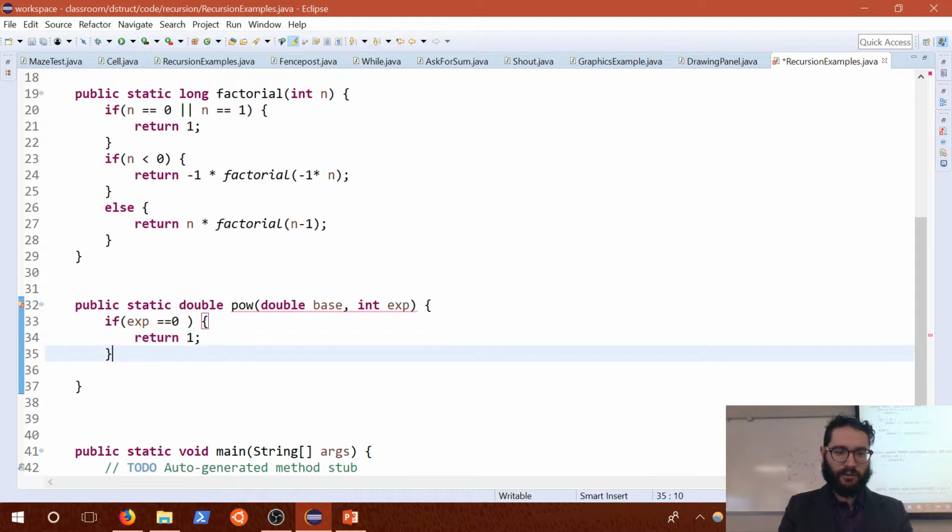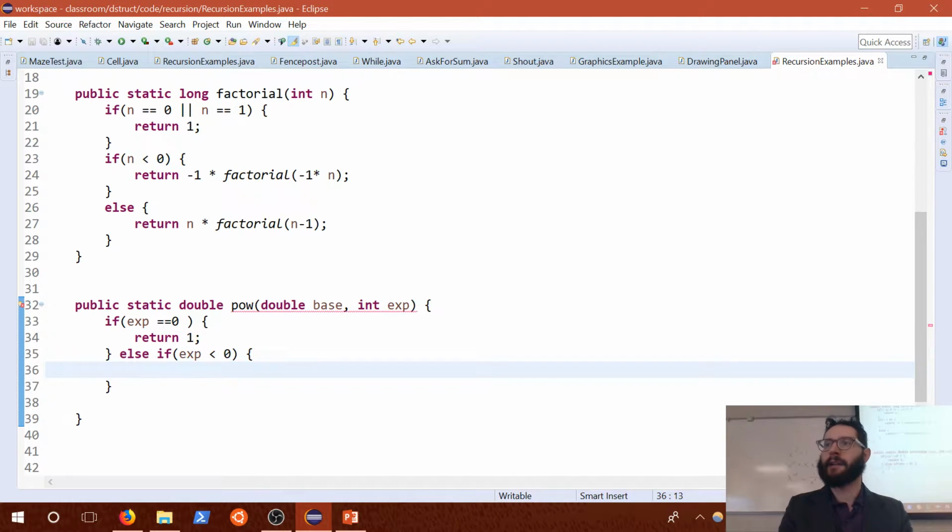If the user is trying to complicate our life by giving us a negative exponent, if exponent is less than 0, we'll make it uncomplicated for ourselves.